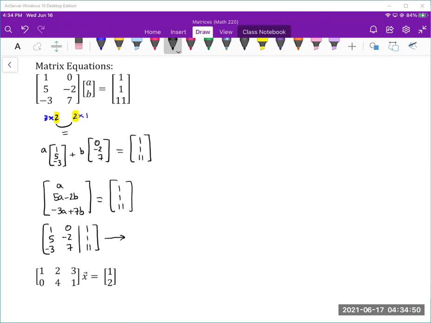Okay. We're going to begin by getting rid of the non-zero entries that live below this leading term of 1. For example, this 5. So I'm going to replace row 2 with row 2 minus 5 times row 1. This gives us 0, negative 2, negative 4.